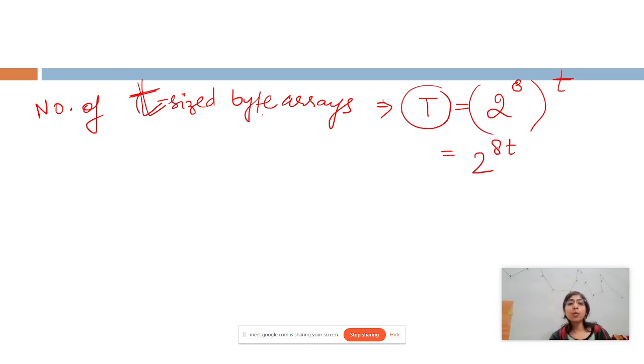So how many T-sized byte arrays can I have? Let's say it's capital T. So total arrays that I can have is 2 to the power 8 into t.